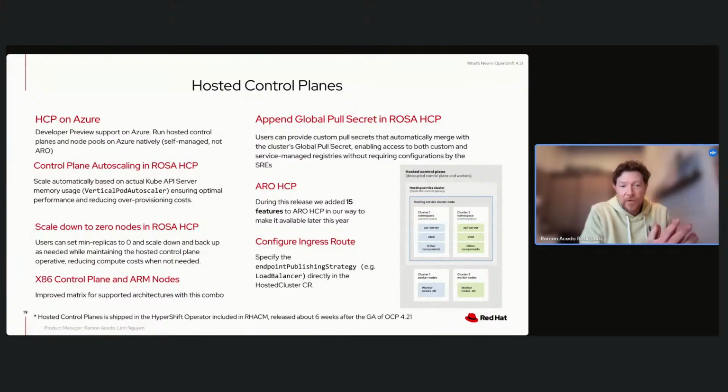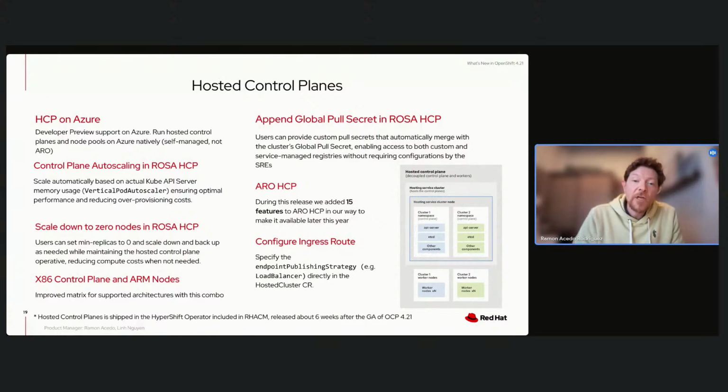So you can keep your hosted cluster with no nodes at all, right? And from 0, you can scale up to as many as you need dynamically, reducing compute costs when not needed. We are adding in self-managed, in this case, x86 control planes with ARM nodes.